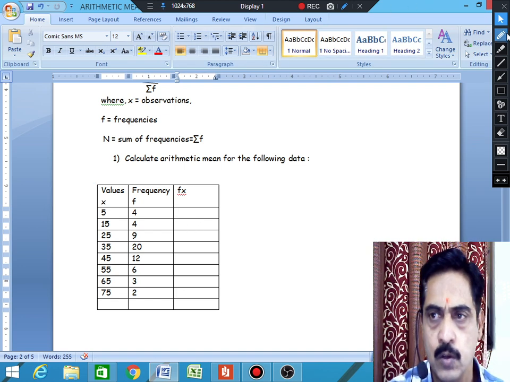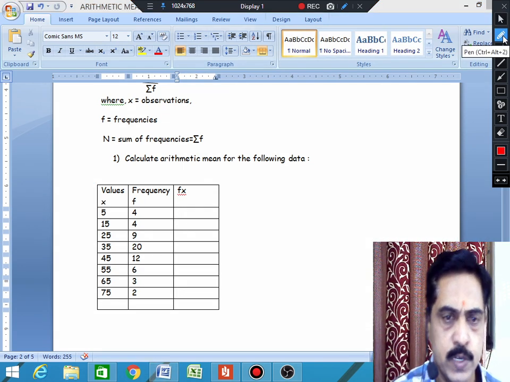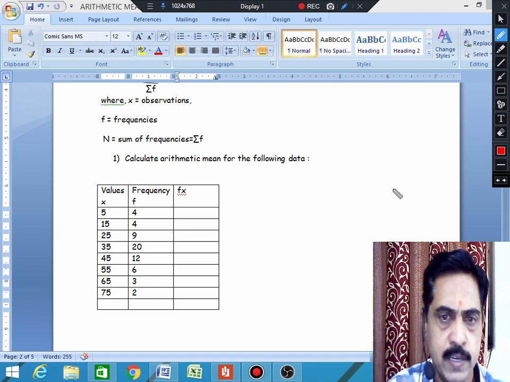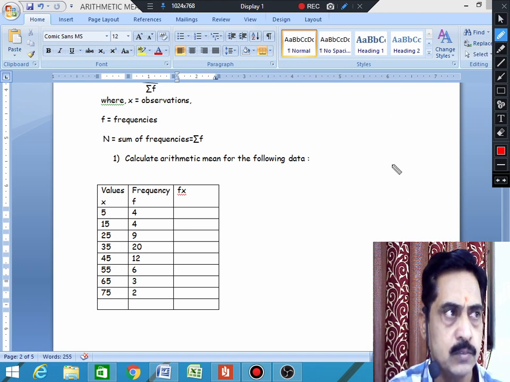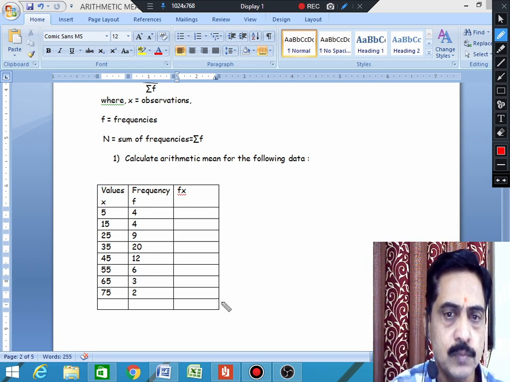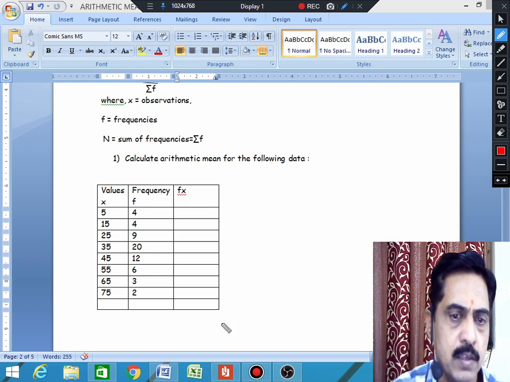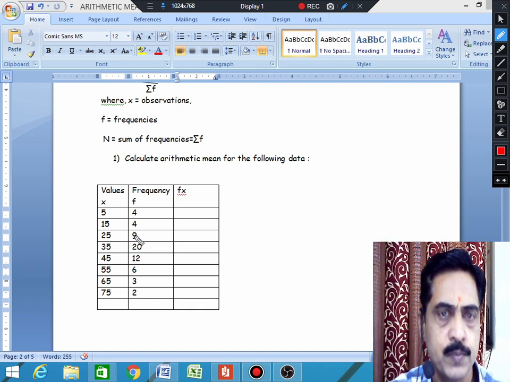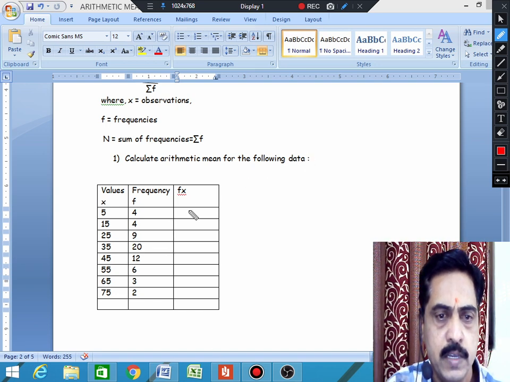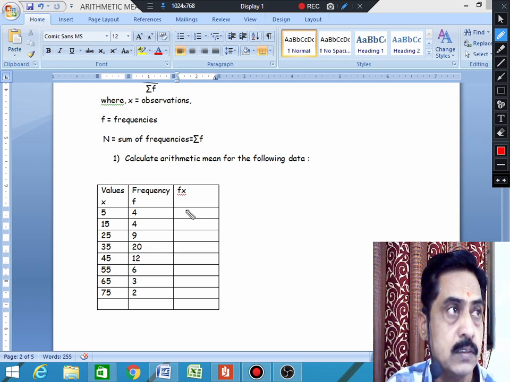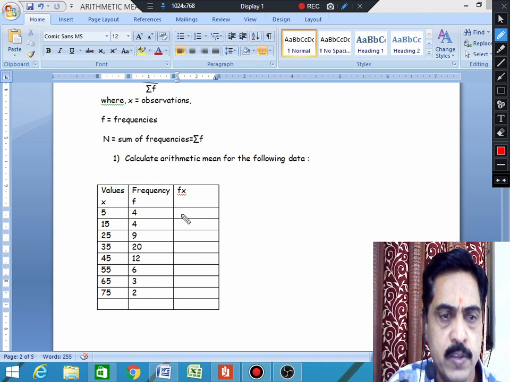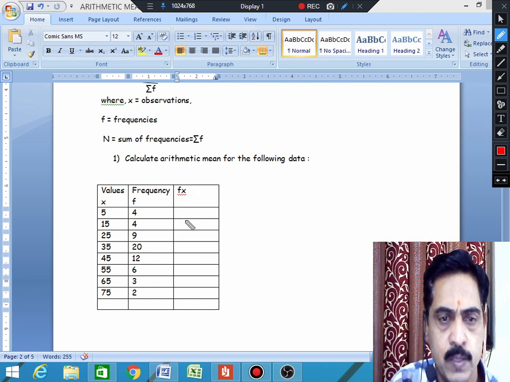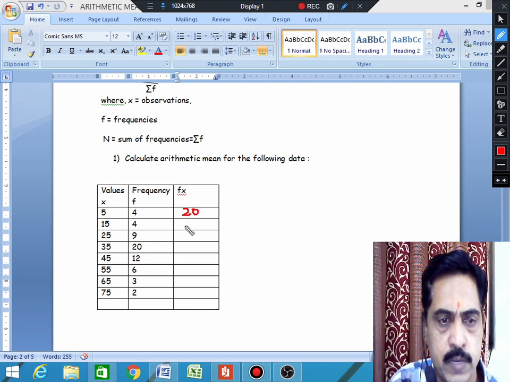Now, to write the products: the product of the first values, 5 into 4, we shall write this as 20. 15 into 4, this is 60.